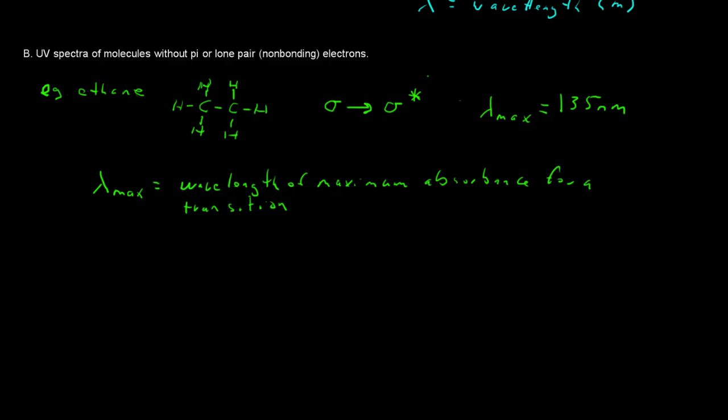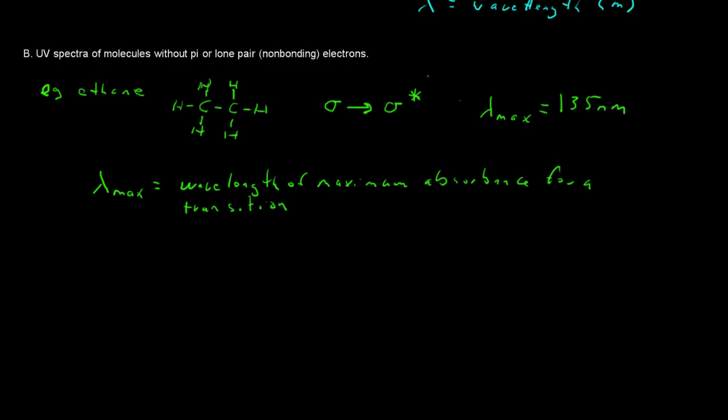The other very important thing to notice here is to recall that the wavelength range, the abscissa in our plot of UV visible spectra, ranges from a low of about 190 nanometers, often it's around 200 nanometers, depending on the spectrometer, up to the edge of the visible spectrum, which is 700 nanometers.